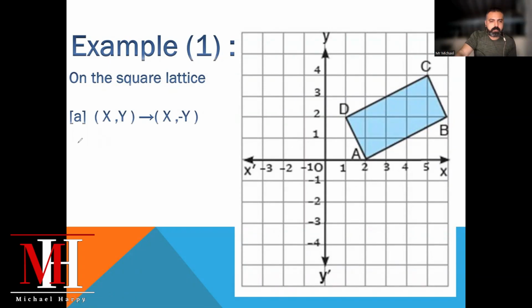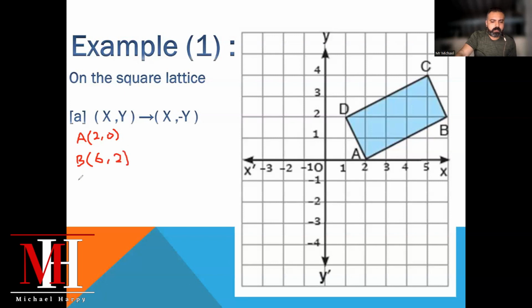The coordinate of point A, x corresponds to 2, y corresponds to 0. The coordinate of point B, x corresponds to 6, y corresponds to 2.